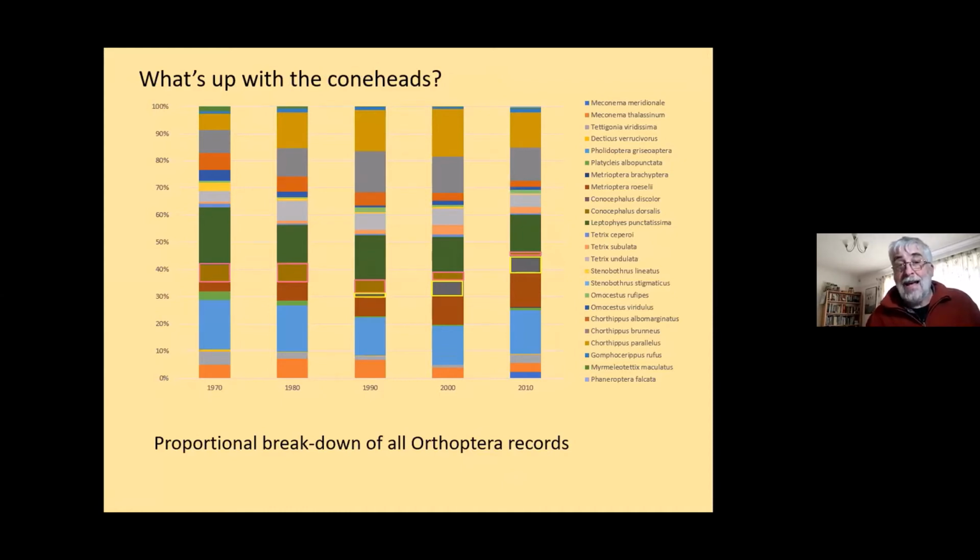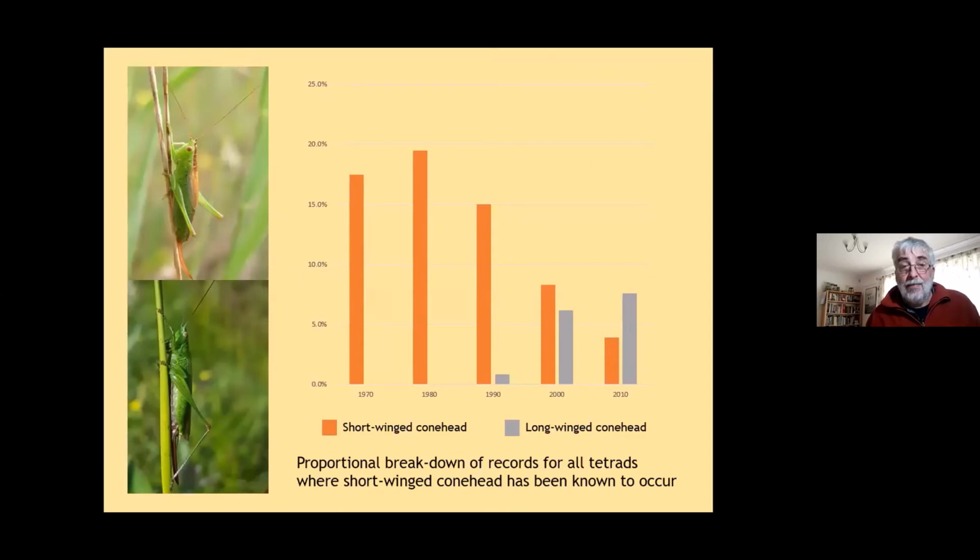If you drill down into this data a bit and you just look at those tetrads, those 2 km squares where short-winged coneheads have been recorded sometime in the last 5 decades, and you see what proportion of all the Orthoptera records for those tetrads are long-winged or short-winged conehead, this is what you see.